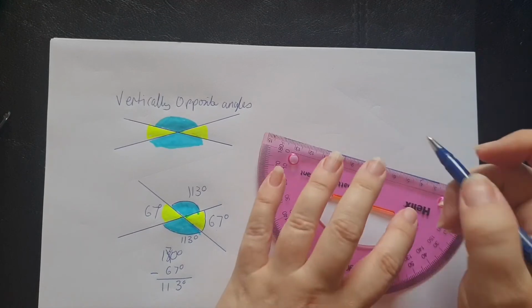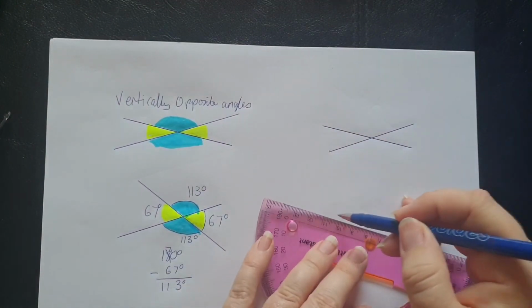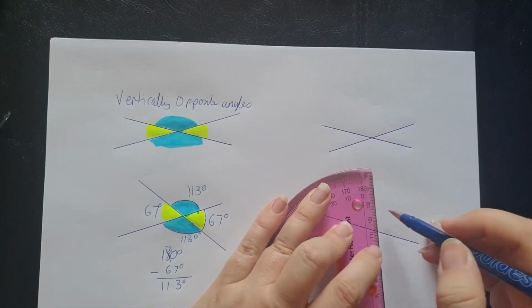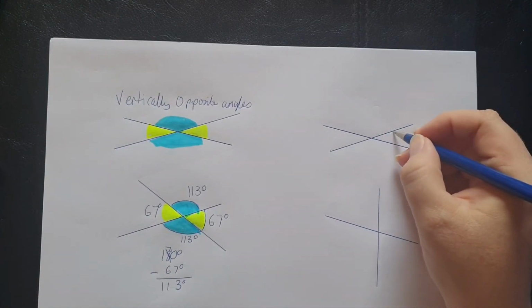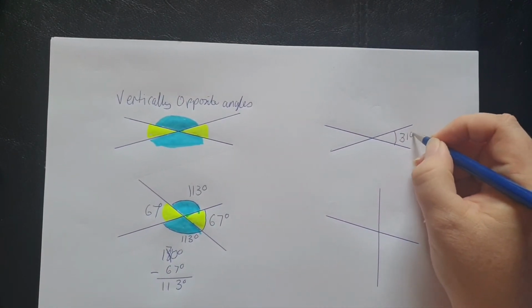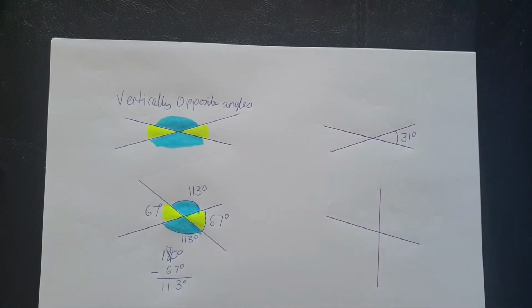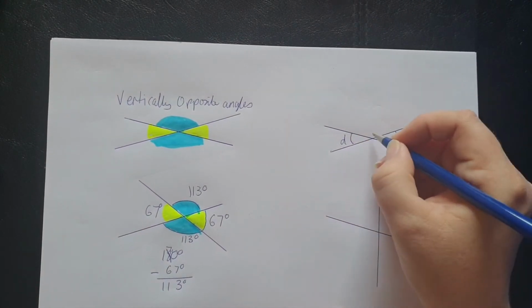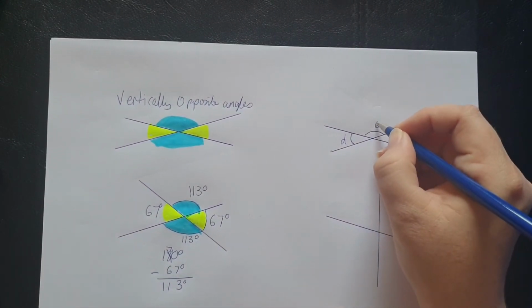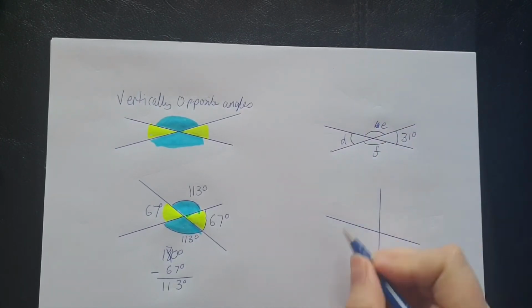As usual, I'm going to draw out another two questions for you. This angle here is 31 degrees. I want you to find angle D, find angle E and find angle F. Same principle here.